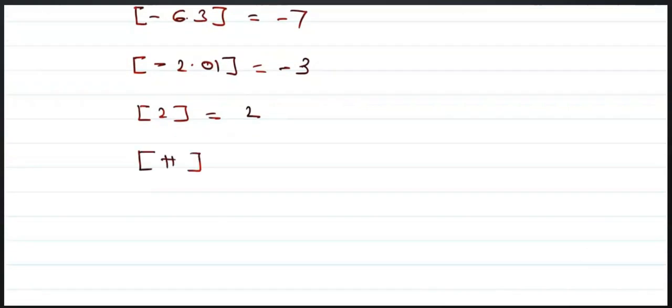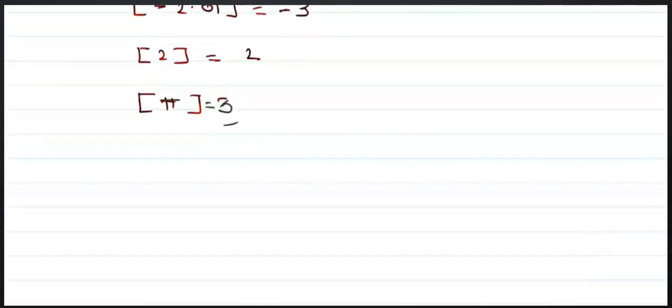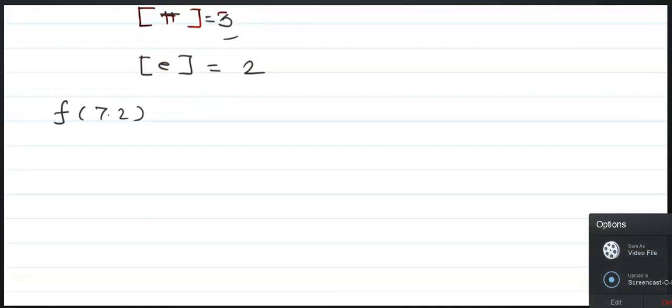F of 2 is 2. F of pi: the value of pi is 3.14, so that is equal to 3. The value of e is 2.73, therefore we treat it as e, and the greatest integer of e is equal to 2.